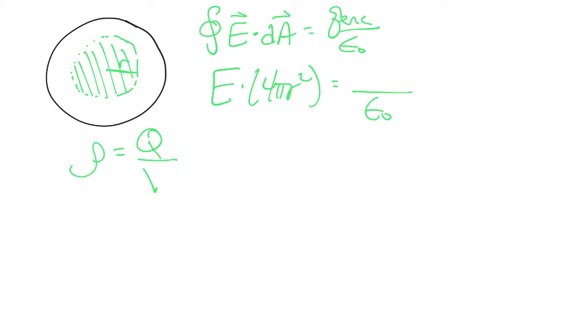Rho is Q total over V total, which is Q enclosed over V enclosed. This is for uniform densities, of course. And so we get this ratio, and don't ask me why I go back and forth between capital Q and little q. I really have no rhyme or reason about it.